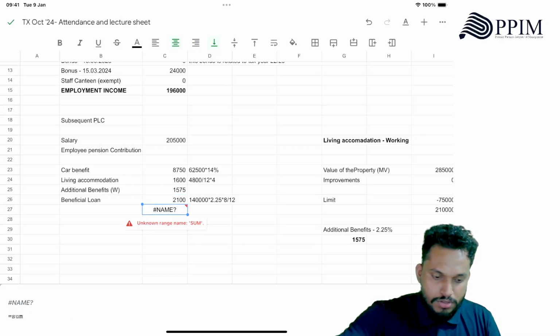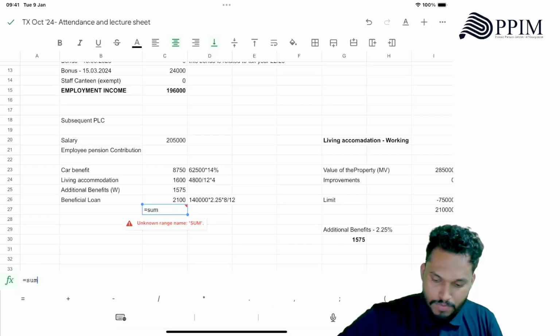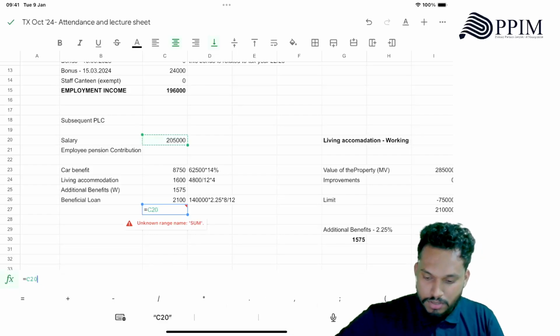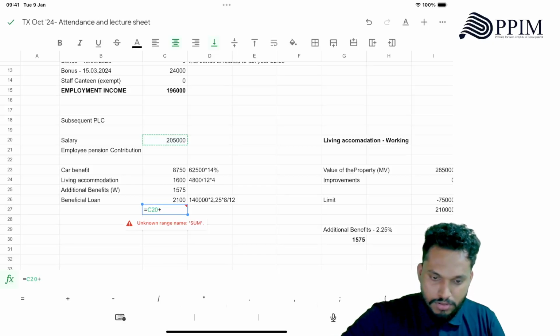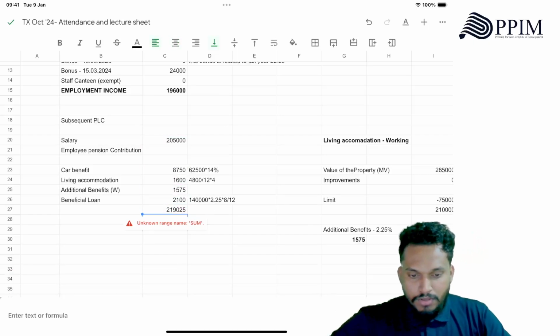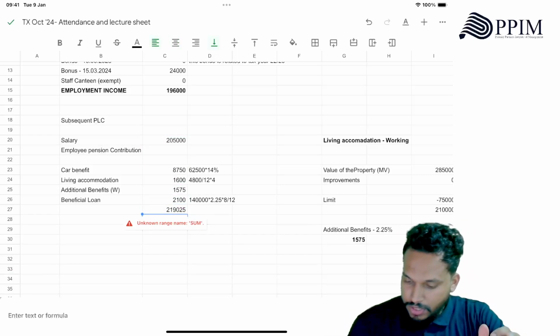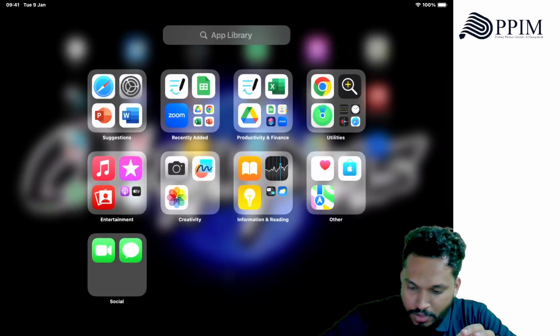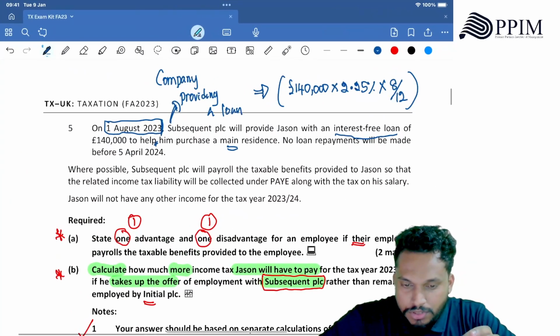Why is it? So technically, take this plus this plus this. Is that the income you're getting? 219,025. Fine.